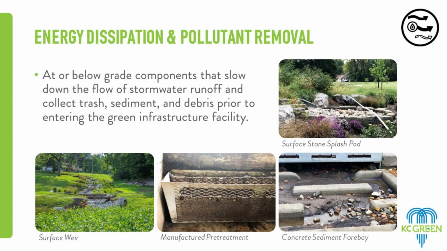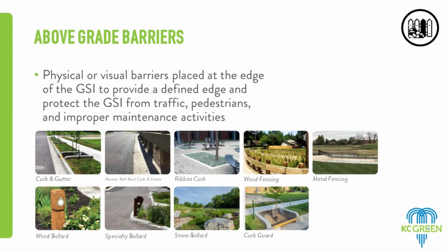So moving on, above grade barriers. You'll see in the KC Water, they've added some wood bollards to represent, saying this is a green infrastructure system. There's many different things. We use curb and gutters, we use specialty bollards, these right here that you'll see very common in their system.